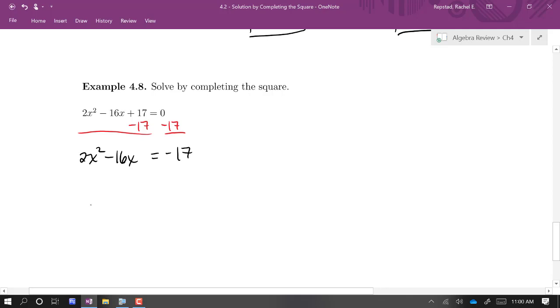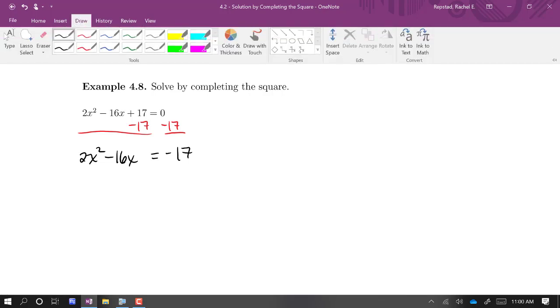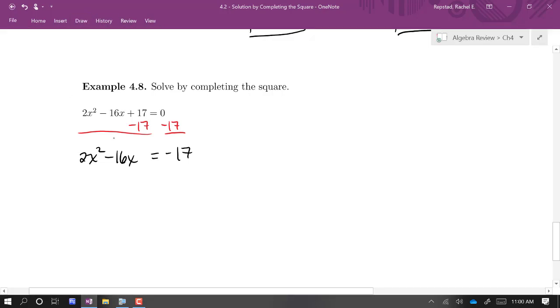Now this time notice that the coefficient on x squared is not 1, it's 2. So in order to fix that, I'm going to divide both sides of the equation, or divide all terms by 2. So now I've got x squared minus 8x, I'm leaving some space for the magic, equals negative 17 halves.